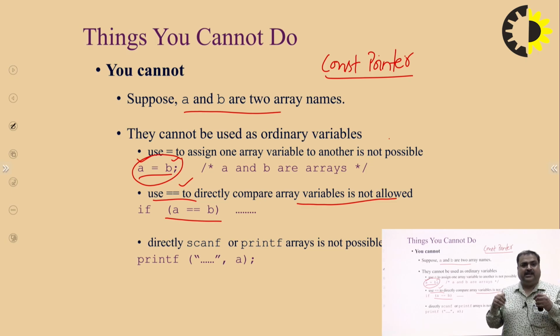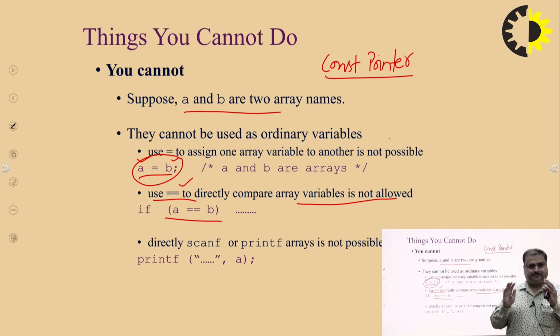So we are actually comparing the addresses of the arrays, whereas the intention of comparing two arrays is always to compare their elements. If we use the equal to operator, we are not comparing elements, we are comparing just the base addresses of these two arrays.